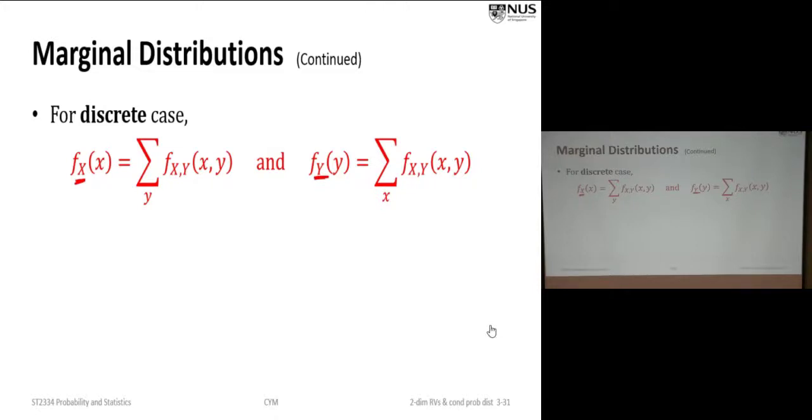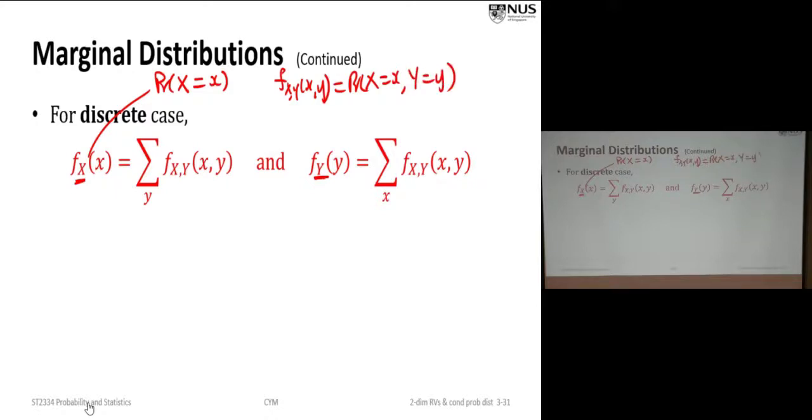If I'm only interested in x, then for a given little x, I have to evaluate its probability, that is, the probability of X equal to little x. I want to get this probability from the joint distribution f of x, y, which means the probability of X equal to little x and Y equal to little y.